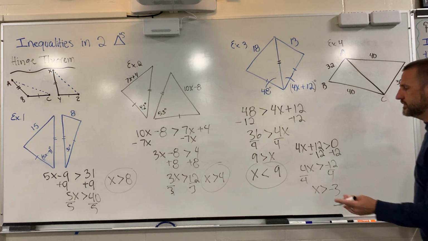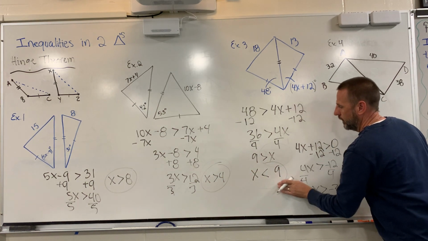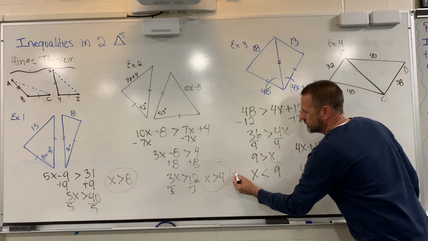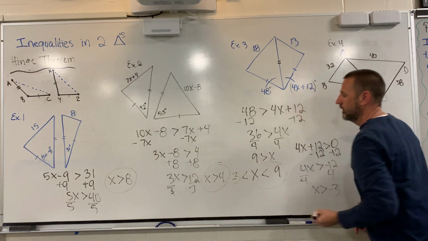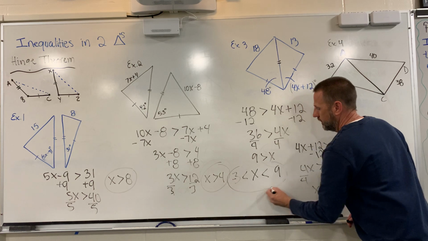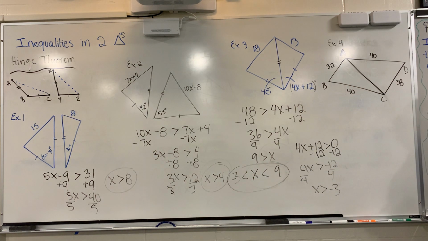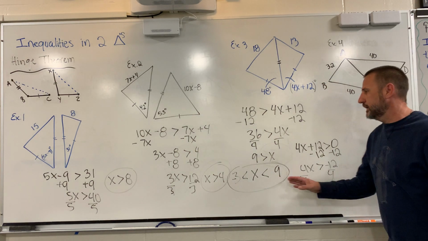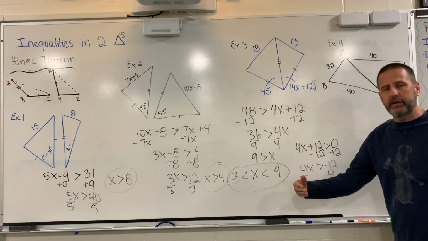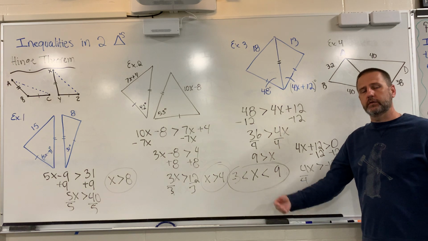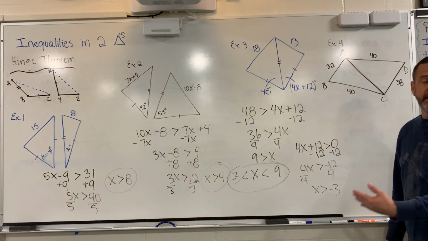So I want to put this together and make a compound inequality. I'm going to say, hey, x is greater than negative 3, but less than 9. And this is called a compound inequality. And the only reason I had to do this was because I knew that there was a certain point that if I went too far below a certain number, I would end up running into a negative angle.